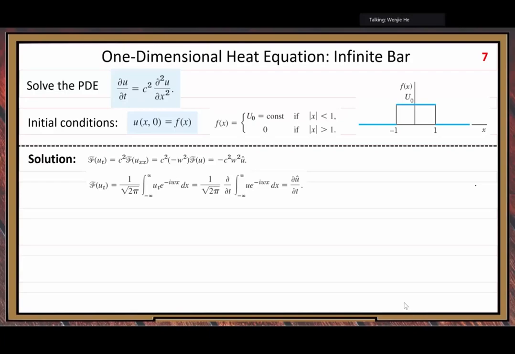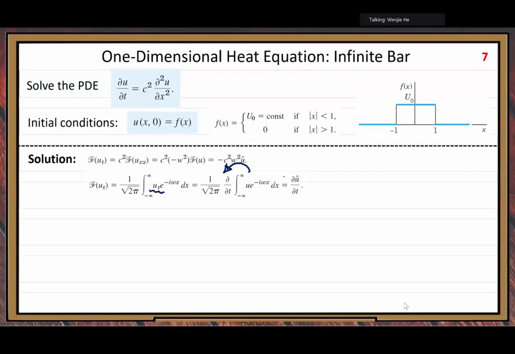In this step with the partial derivative, we did one interchange operation. How can you move the partial derivative out of the integral? Initially, it's inside the integral, then we move it out of the integral.